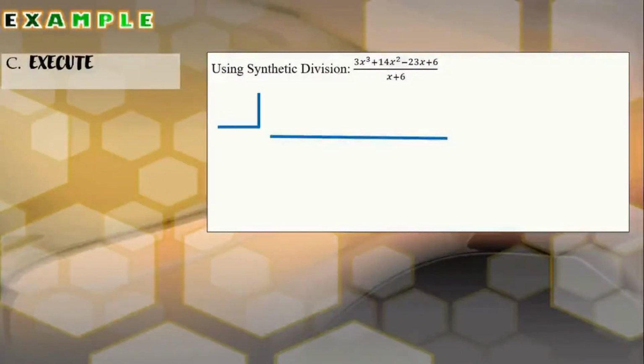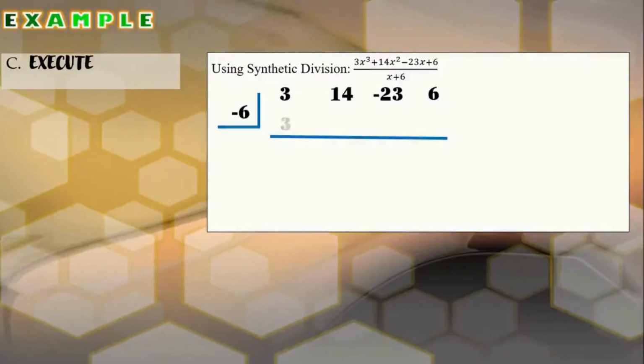So yun yung length and then yung height ng pool. Now, our divisor is x plus 6. So, that will become negative 6. And then, yung mga numerical coefficients natin, those are positive 3, positive 14, negative 23, and 6.